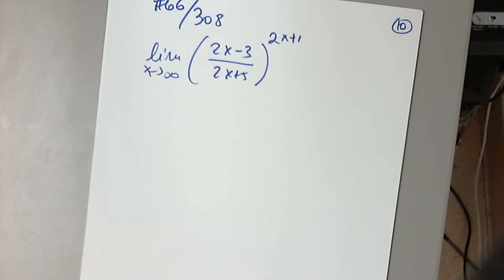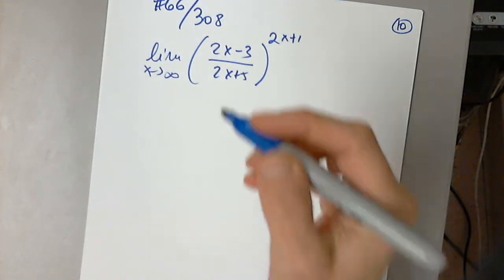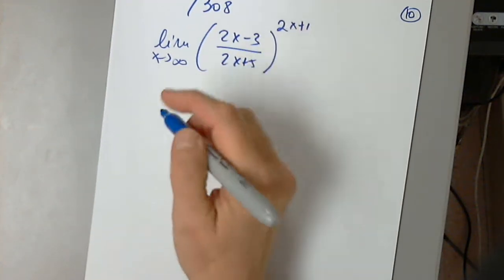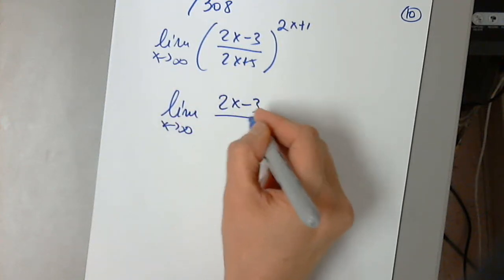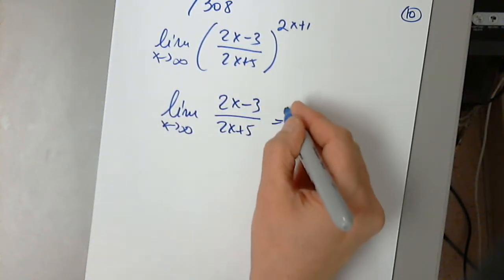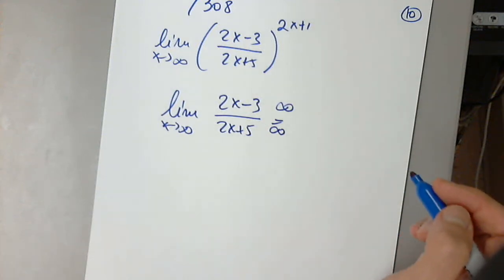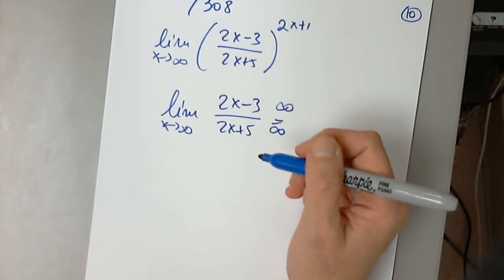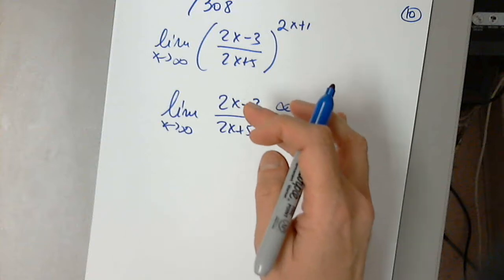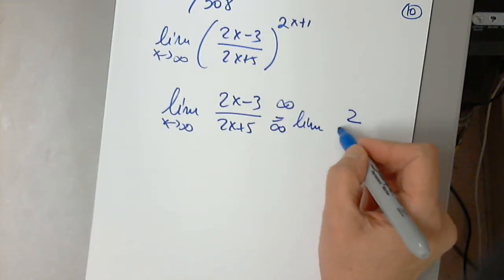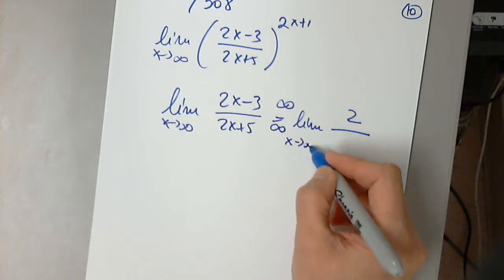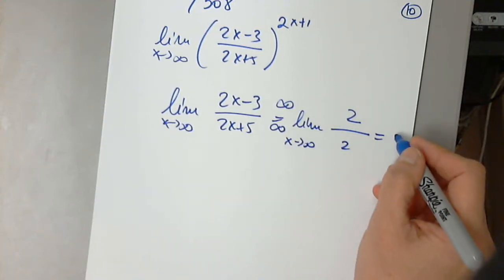Okay, I don't think we see that. Not everyone sees that. So we have to determine this limit of this. So limit as x approaches infinity from 2x minus 3 over 2x plus 5 is infinity over infinity, which allows us to apply L'Hopital's rule. The top goes to 2, because we differentiate, and the bottom goes to 2, so the answer is 1. Perfect.